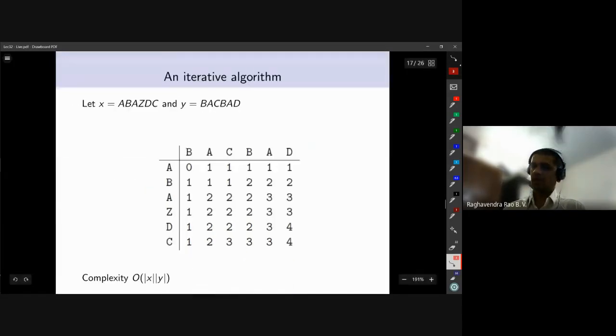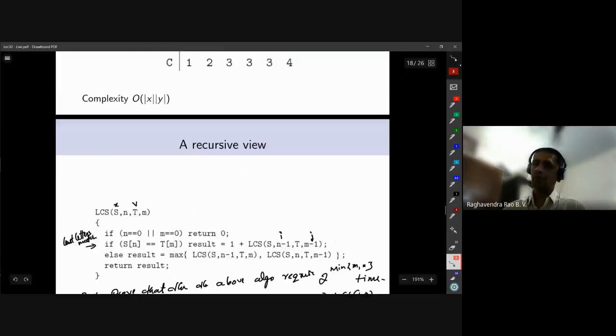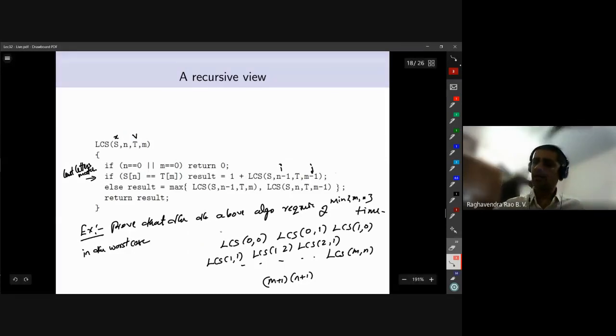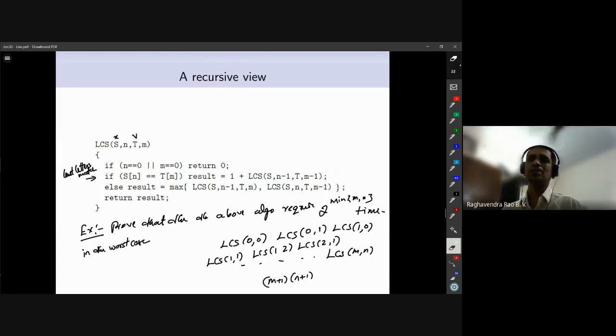For now, I'm going to relook at this recursive procedure, and we'll see how to convert this recursive procedure itself into polynomial time.